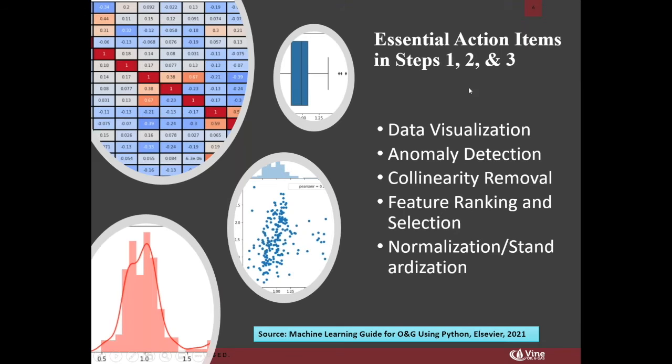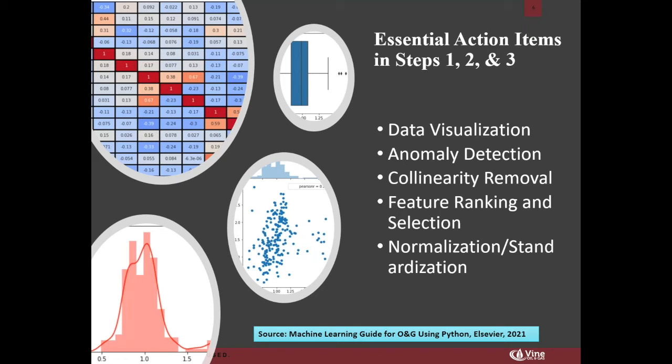So you can see here that in the first few steps, we have to visualize the data. By visualizing the data, I'm talking about using various Python libraries for data visualization and anomaly detection. For example, if I'm evaluating a completions data set and I have a point that says you've pumped 10,000 pounds per foot of proppant, is that accurate?